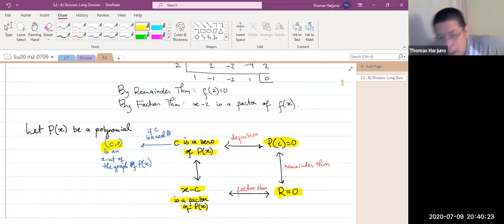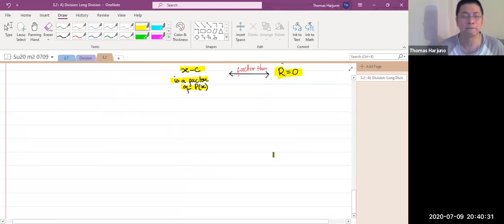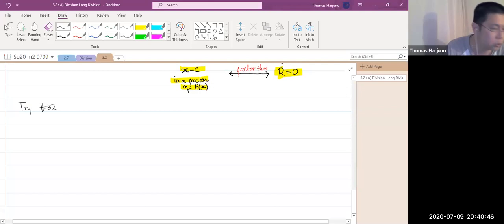Let me jump to what they do in 3.1. So in 3.1, we will do the following. Let me ask you to try number 32 in section 3.2.